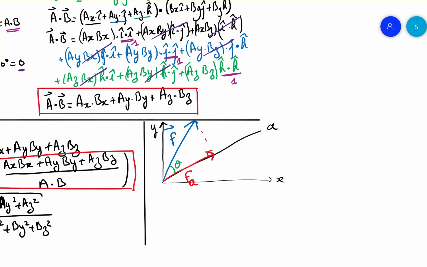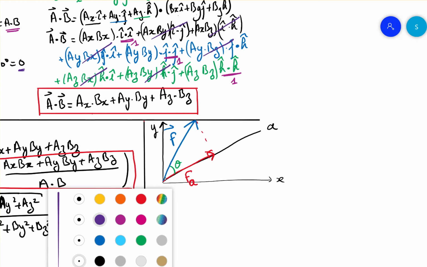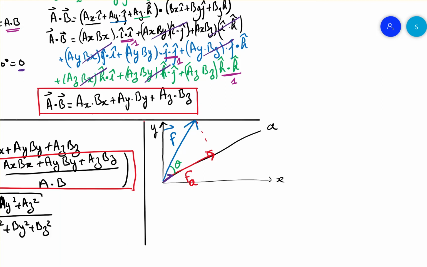So let's look at this. If we do, which color? I will take purple to do UA. UA is the unit vector of the axis A. If we do F dot UA, it's equal to what?